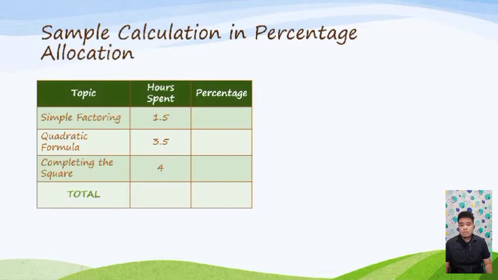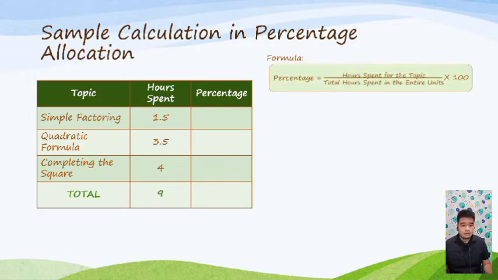In computing the percentage allocation, we have here the formula. Percentage is equal to hours spent for the topic over total hours spent in the entire unit multiplied by 100. Applying to this one, the total hours spent for simple factoring is 1.5, and the total hours spent for the entire unit is 9 hours.